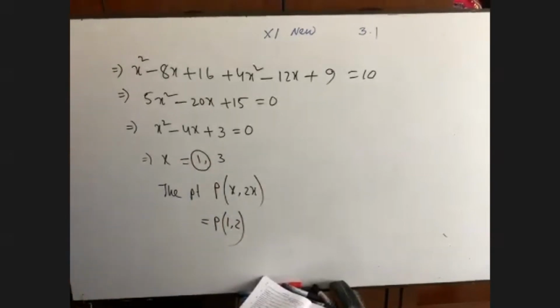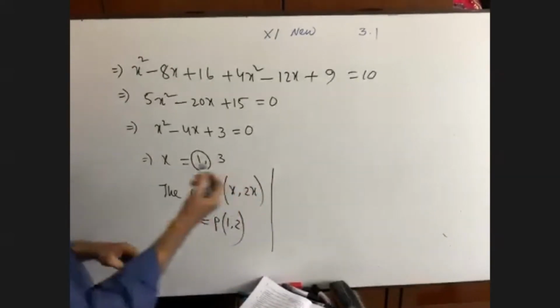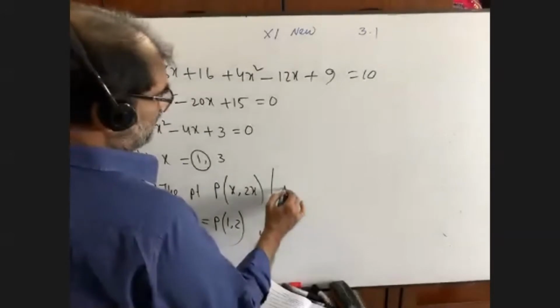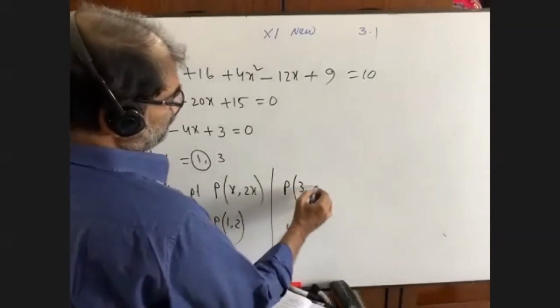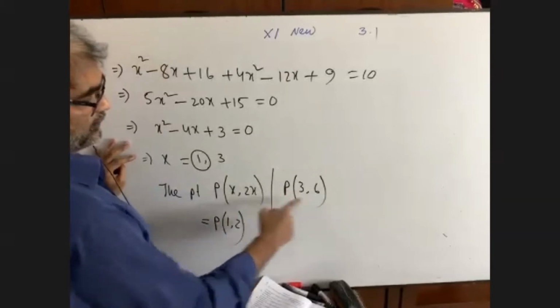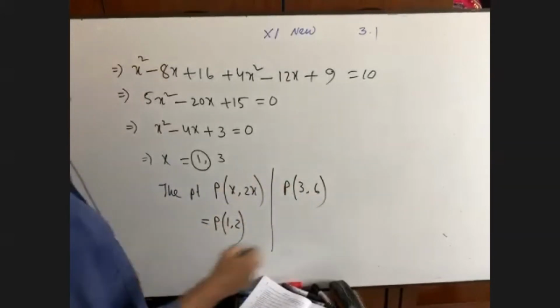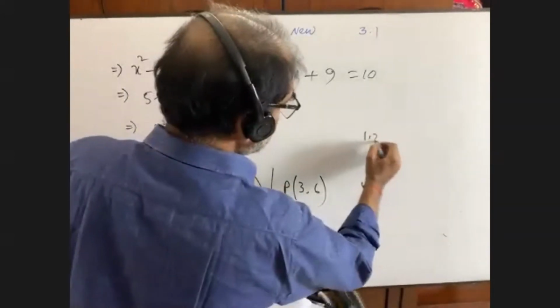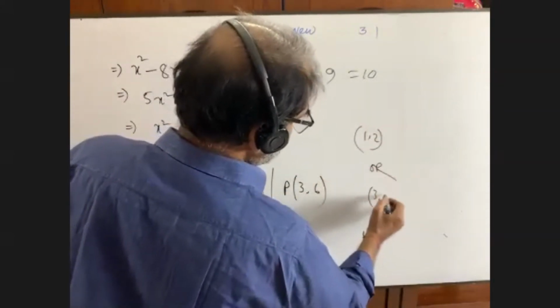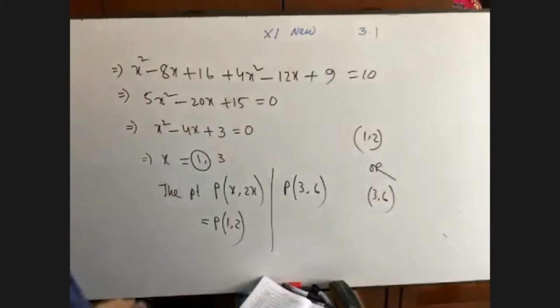But if the value of x is 3, then we are getting the point 3, 6, x equals 3, 2x equals 6. So what is our answer? Our answer is 1, 2 or 3, 6. This is our answer. Okay?